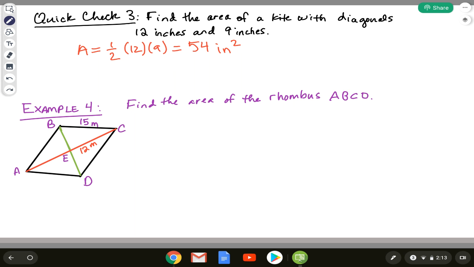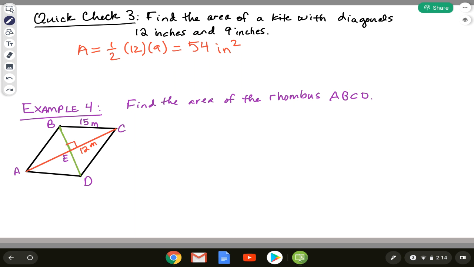All right, and finally, example 4 shows us a rhombus. So we're still using that same theorem, but this time the information that we're given leaves some things out. Now, I know that in a rhombus, the diagonals bisect each other. I know that the diagonals in a rhombus are also perpendicular. So here, I can draw in a right angle.